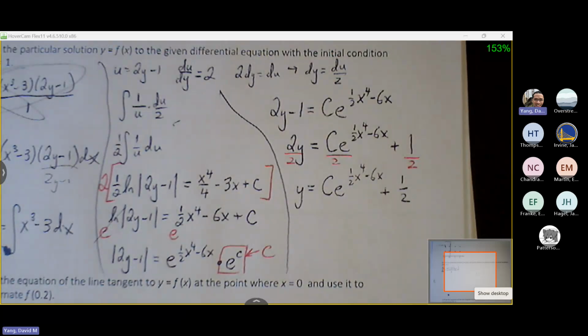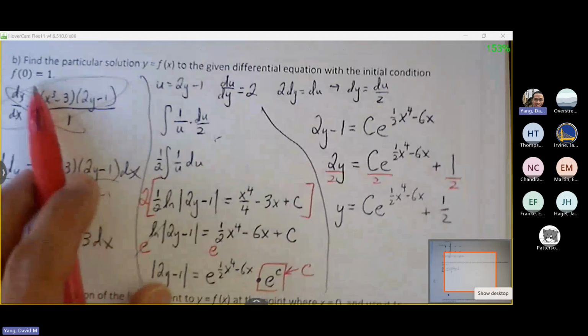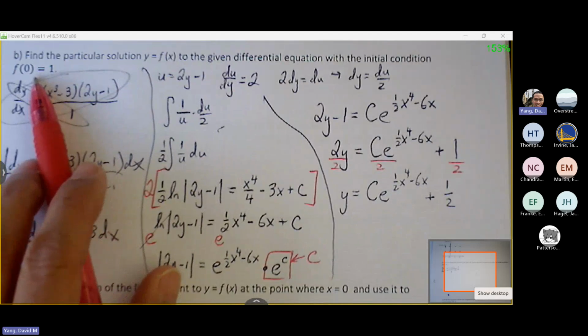Okay, one last thing to do, and that is to solve for c. So the ordered pair is (0, 1): 0 in for x, 1 in for y.